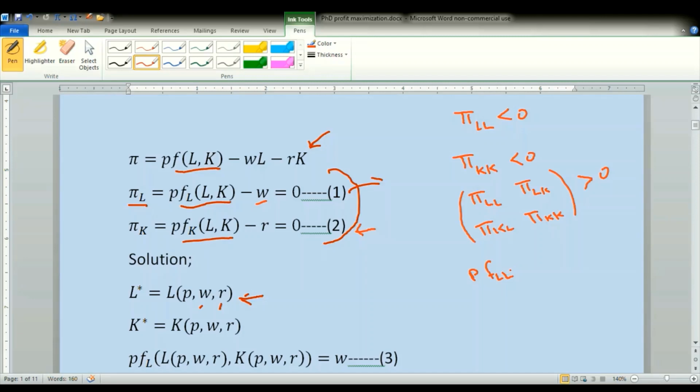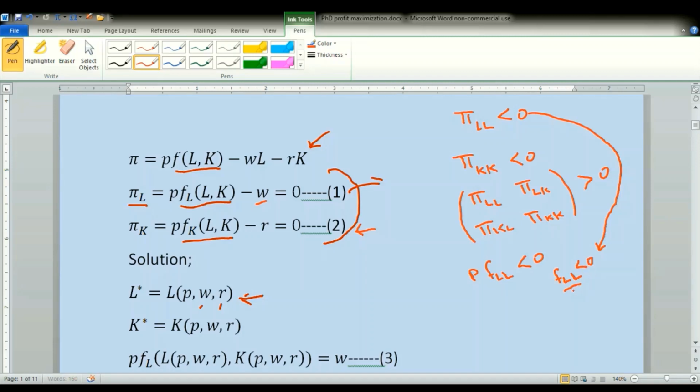So we want that P times FLL is less than 0, and if we divide throughout by P, we get FLL less than 0. So pi LL less than 0, that is the derivative of the first equation with respect to labor, demands that the second derivative of the production function with respect to labor is less than 0.